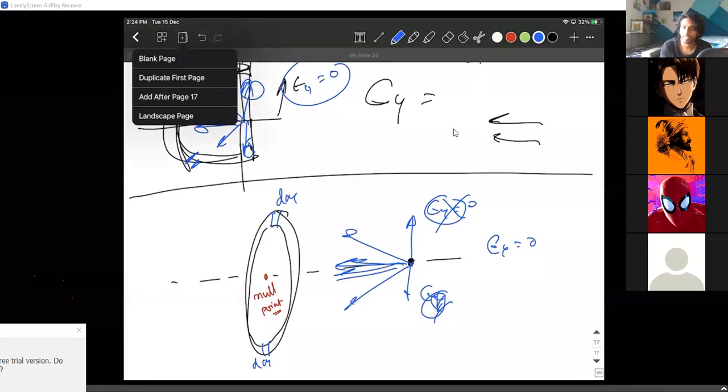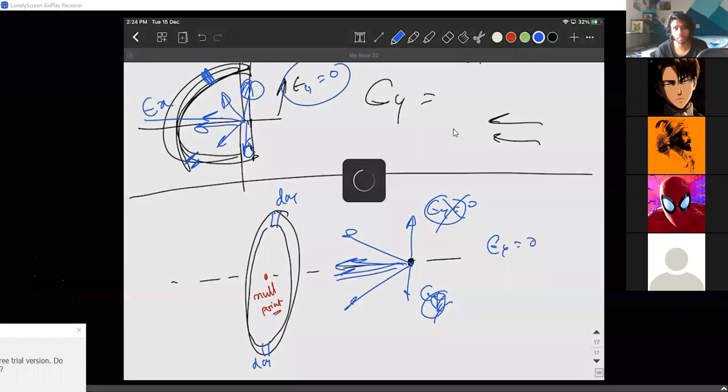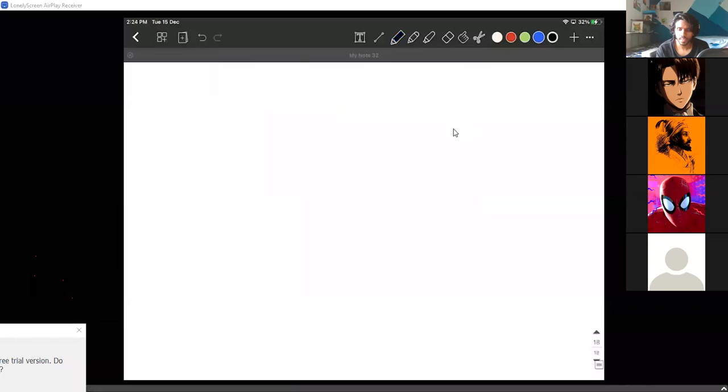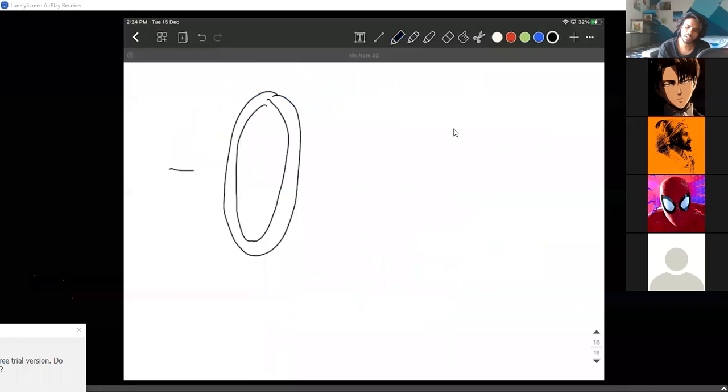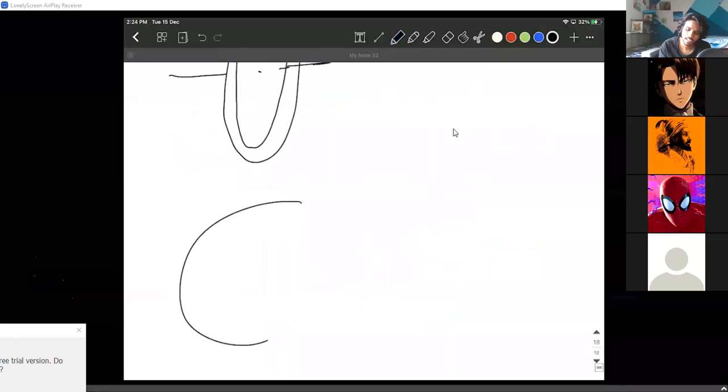Sir, we'll have to do it like the rod case, right? No, it's very simple compared to the semicircular ring. In a semicircular ring, the dE angle is changing. Did you observe that the angle won't change here? In a semicircular ring, the dE value is like this, and then like this, and then like this.